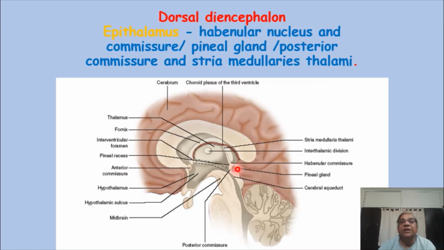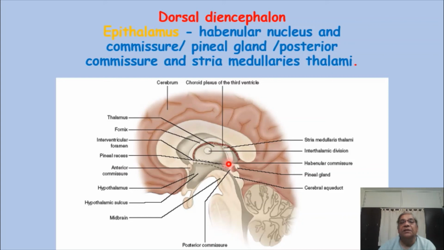This is the second part, the pineal gland, and then there is a posterior commissure just below this pineal stalk here. This is the posterior commissure, which again connects the right and left cerebral hemispheres, and the stria medullaris thalami. It is the band of white fibers or tract going here.